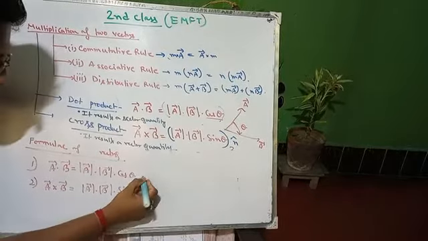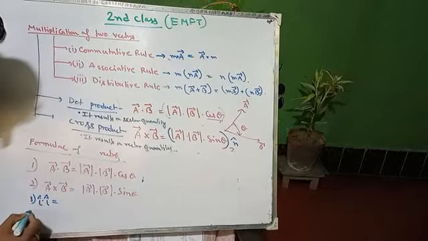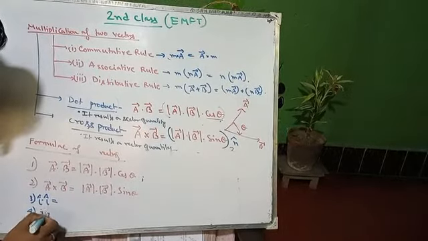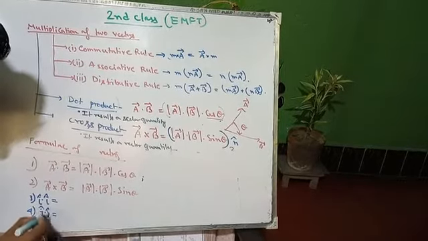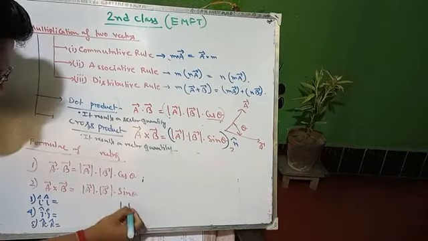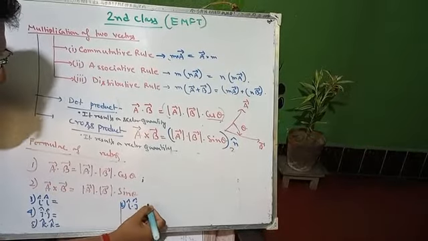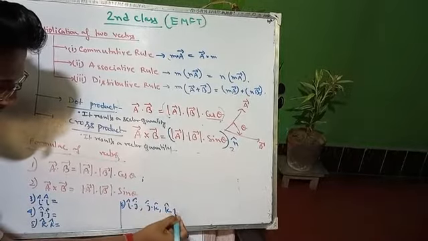Third formula: i dot i, what is the value? Second one, j dot j. Third value, k dot k. And the sixth one, i dot j, j dot k, k dot i.